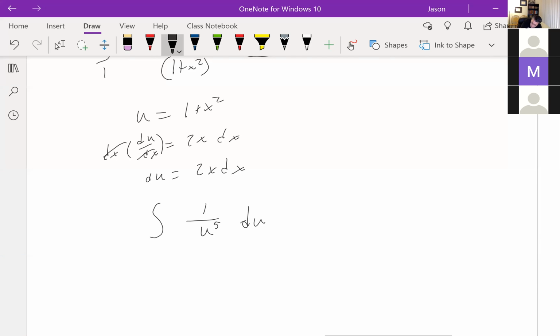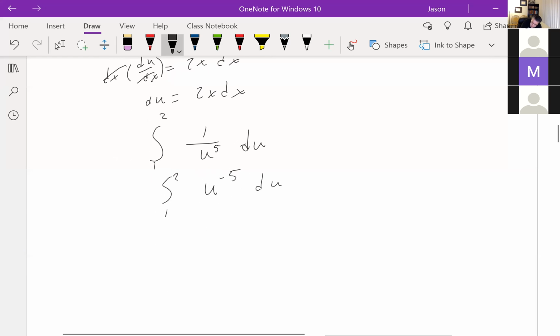So how are we going to integrate this thing? 1 over u to the 5th, I'll say that this is the integral from 1 to 2 of u to the negative 5th du. Now let's use the power rule to integrate this. I'm going to add 1 to the exponent, so negative 5 plus 1 is negative 4, and then I'm going to divide by that number.